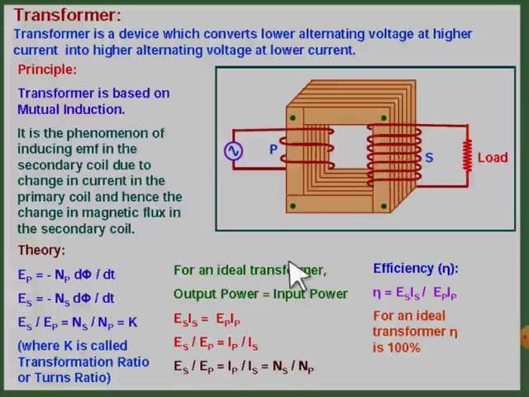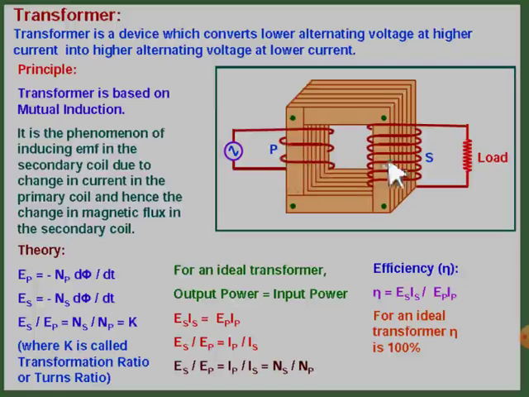So for an ideal transformer, we assume that the output power is equal to the input power. This happens only when there is no leakage of magnetic flux. But in the actual case, there is always a leakage of this magnetic flux. But if we assume that the transformer is an ideal one, then output power will be equal to input power.